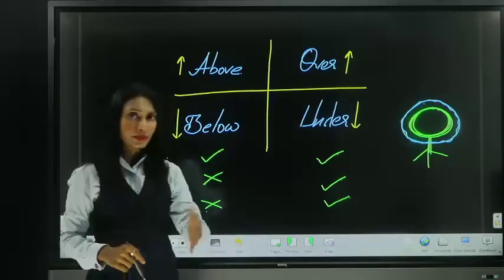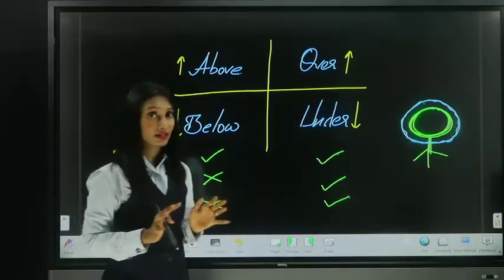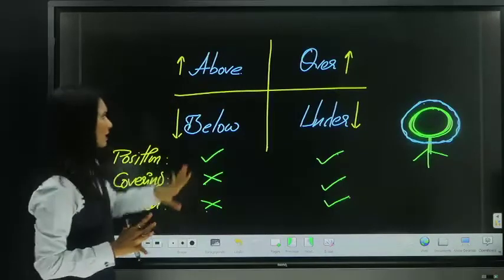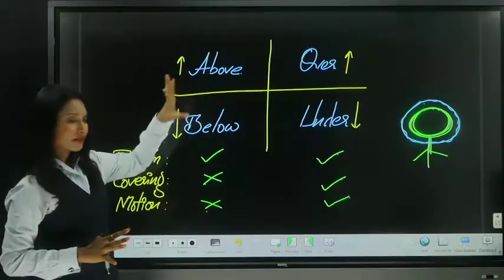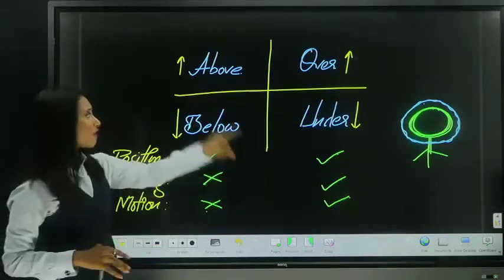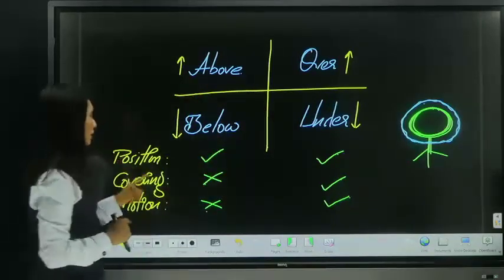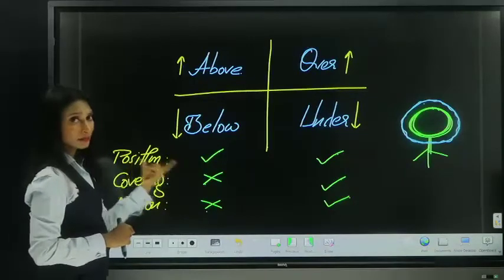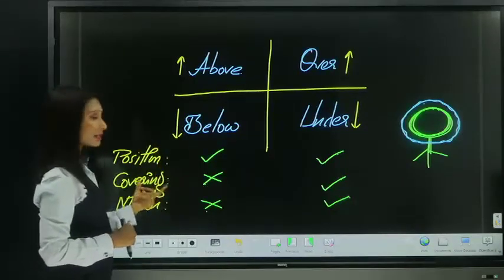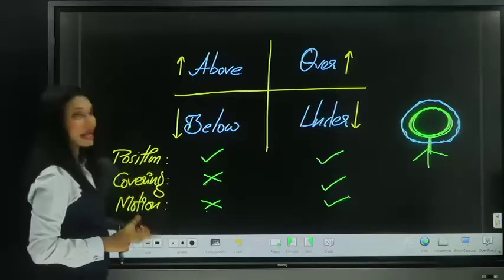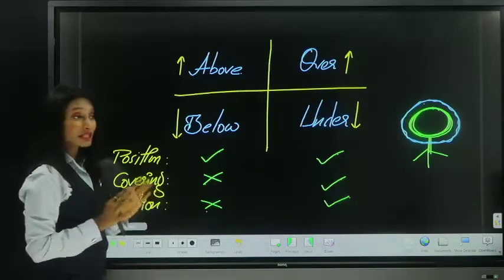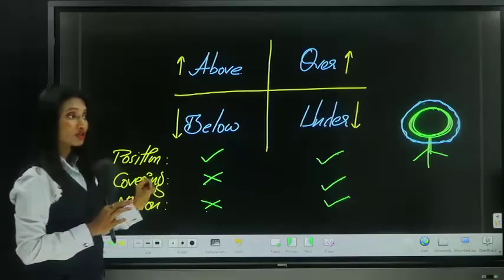There is motion, movement. Generally speaking, above and below indicate only position, whereas over and under indicate position, covering and motion. I hope this gives you a clear picture about the uses.